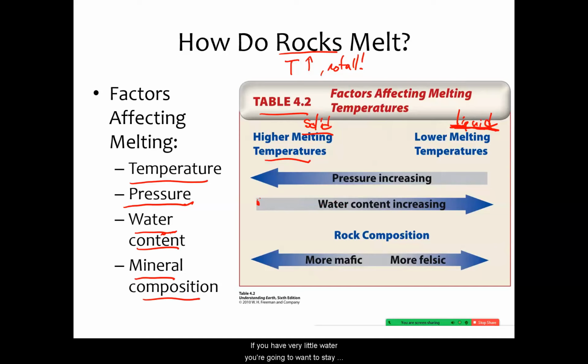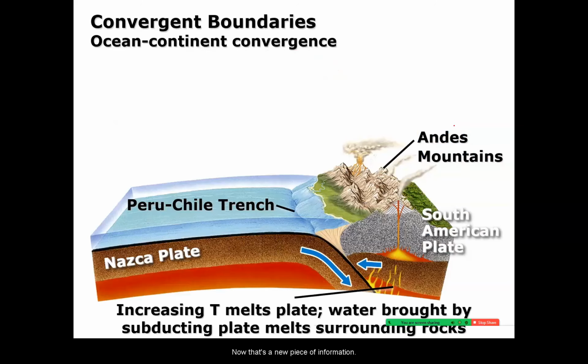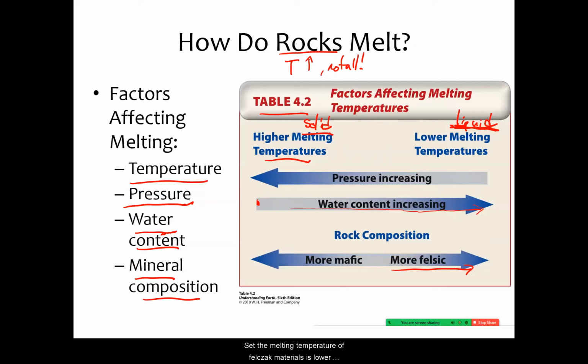If you have very little water, you're going to want to stay solid. If you increase that water content, you're going to help melting to happen. You're going to become a liquid. If you have more mafic stuff, that mafic stuff tends to stay solid. The felsic stuff tends to melt more because it's got a lower melting temperature. Now that's a new piece of information, that the melting temperature of felsic materials is lower than the melting temperature of mafic.